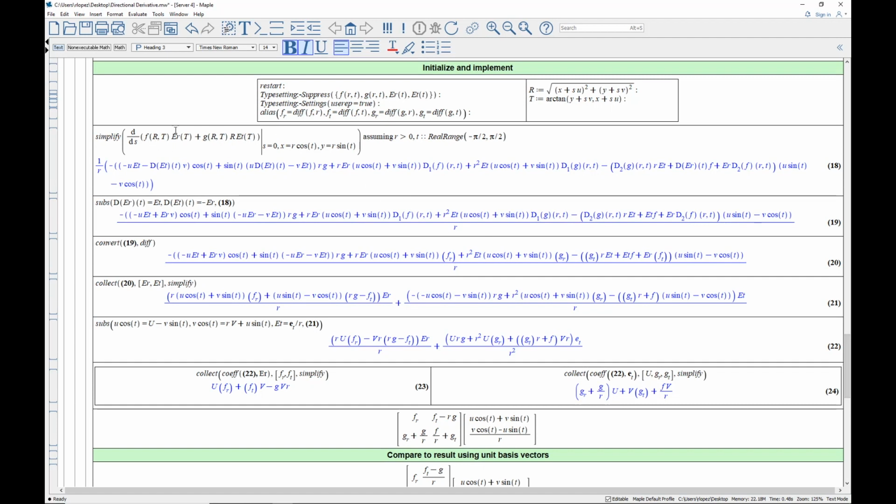F and G are the components of our vector evaluated along that line in polar coordinates, so it's r, t. The basis vector, the big R, is just a function of t. To get the r into this picture, I found it simpler to put the factor of r in front of the e theta and keep e theta as a function of just t. It turned out to be simpler to do that.